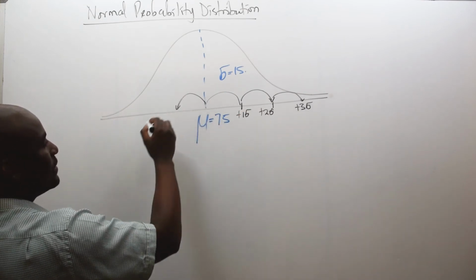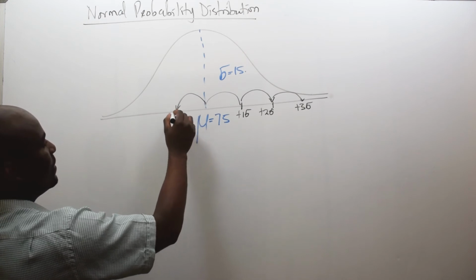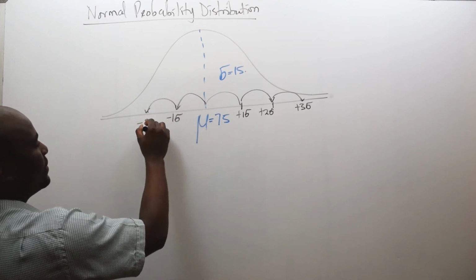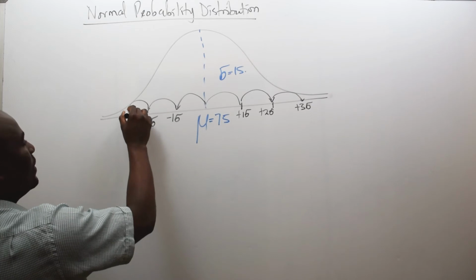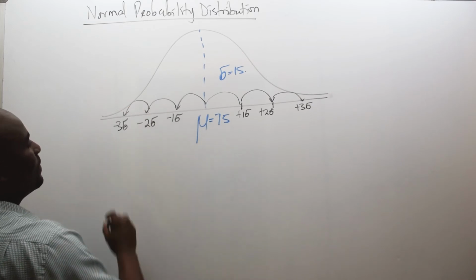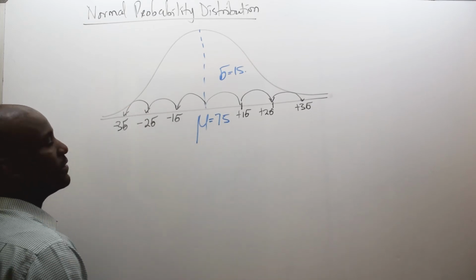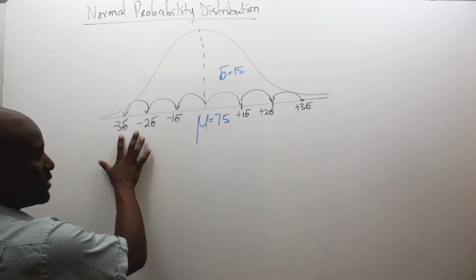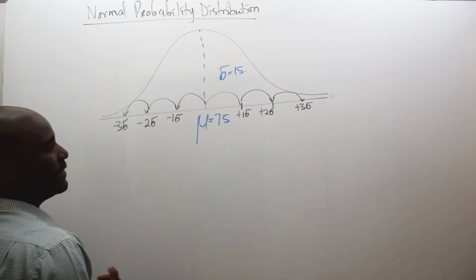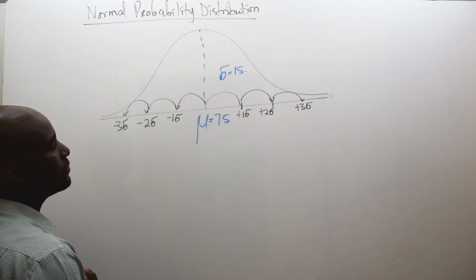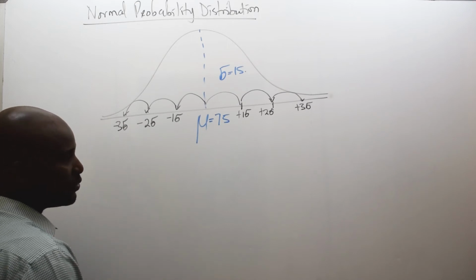Coming this side, it's going to be negative 1 sigma, negative 2 sigma, and negative 3 sigma. So if the data is normal, then it must at least fall within the 3 standard deviations. So we should now be able to do our calculations given that.